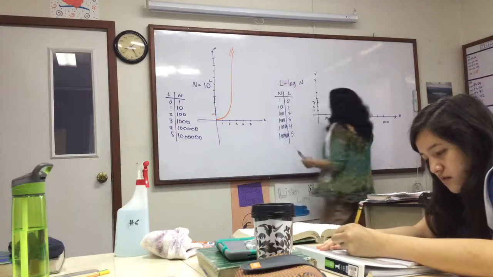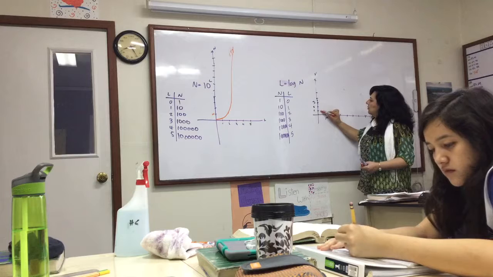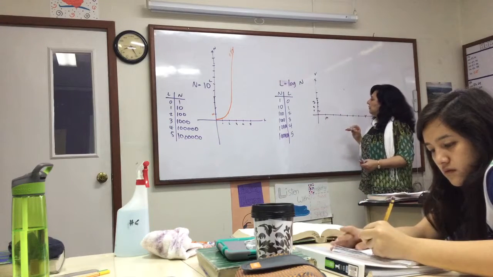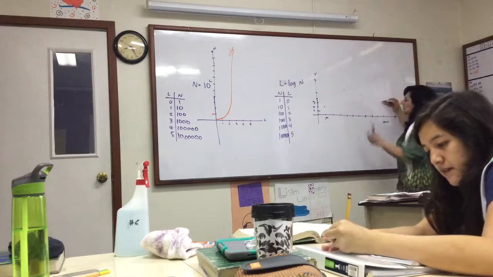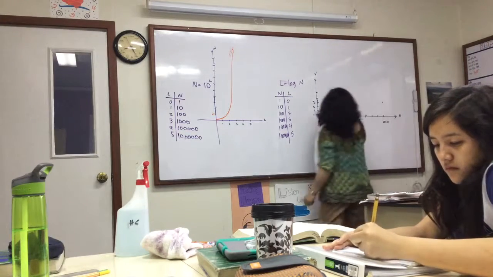For 1, it's 0, so it's here. For 10, it's 1, so it's here. For 100, it's 2. For 1,000, it's 3, and so on. So it's going to look like this.